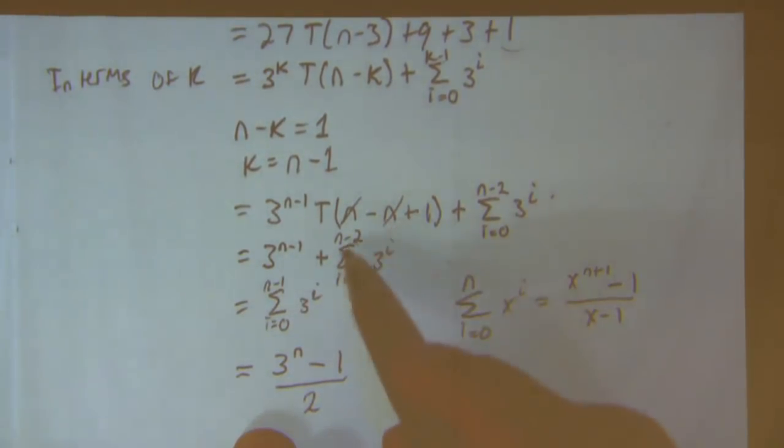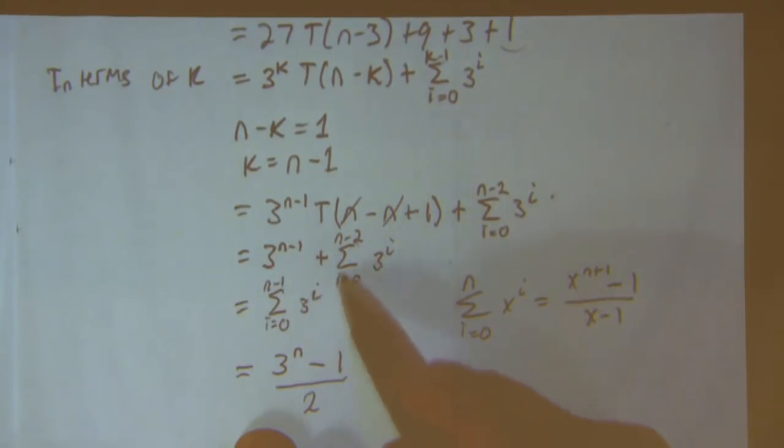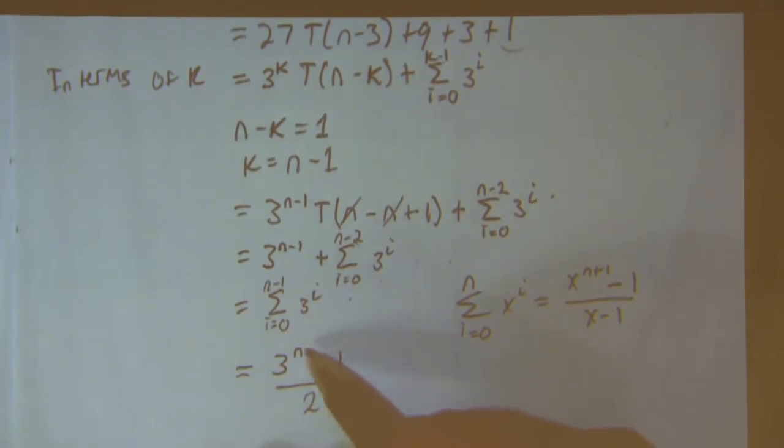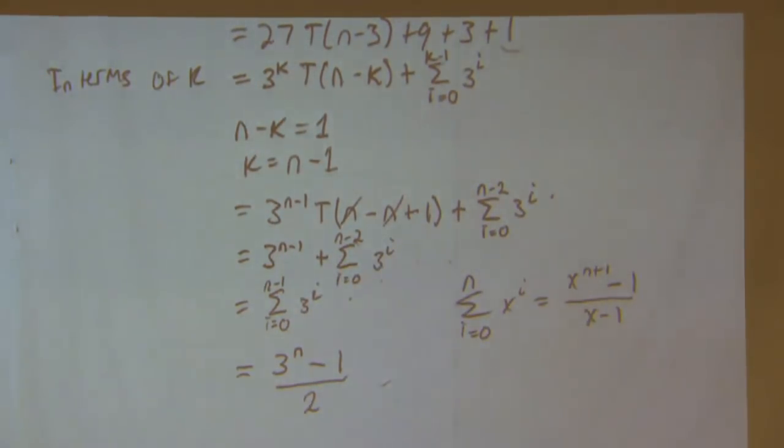If we were to go one further, we would do 3 to the n minus 1. And so I just kind of combined it there. If I didn't do that, I would get a slightly different thing right here, and then I would still have that 3 to the n minus 1 term, and it would still work out to be the same, but it just makes it easier to simplify if I combine those.